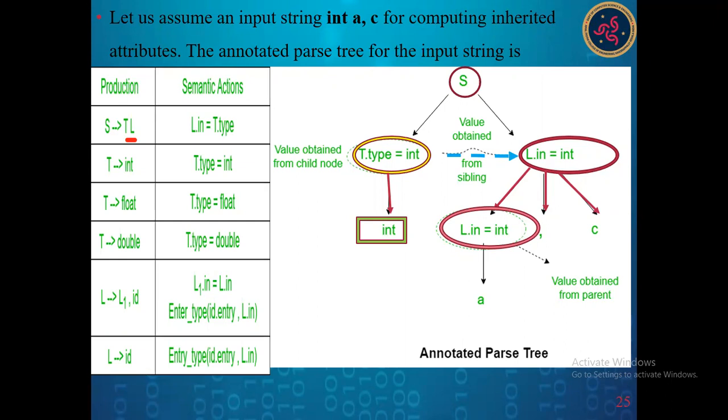Whereas L attributes can have synthesized as well as inherited attributes, and for inherited there is a constraint that has to be satisfied: it can take only the symbols on the left side. That rule should be considered for L attributes. So if a grammar is LL parsable, then it can have L attributes. That is the point that had to be added. Okay, thank you.